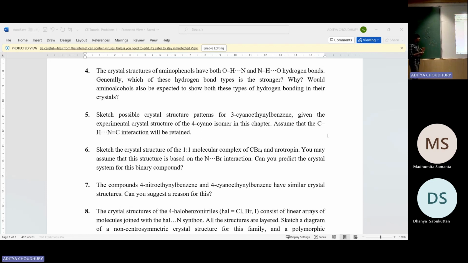Now they are going to be together, forming diamondoids based on N halogen interaction. Yes, NCl, NBr. So you look at it, diamondoid, right?